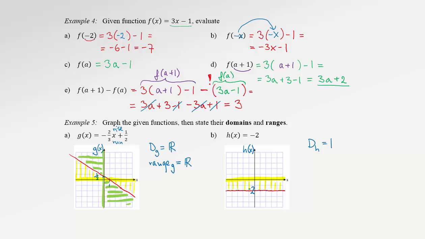Domain of h is all real numbers. However, the range of the h function, when we project all those red points, all the points from the graph, onto the vertical axis, only one point will be shadowed, and that's -2. Therefore, the range of h is just one single point, -2.